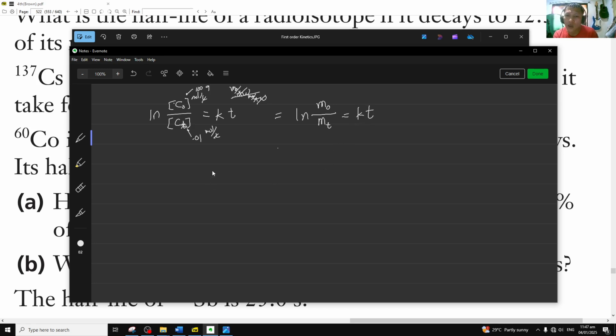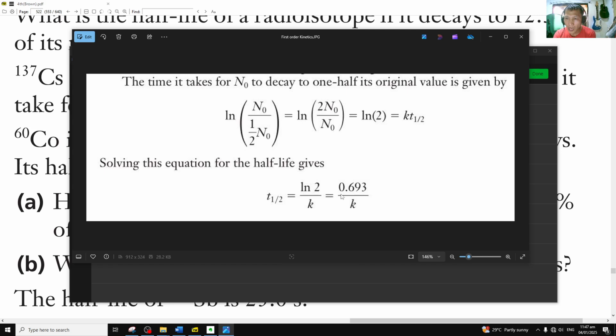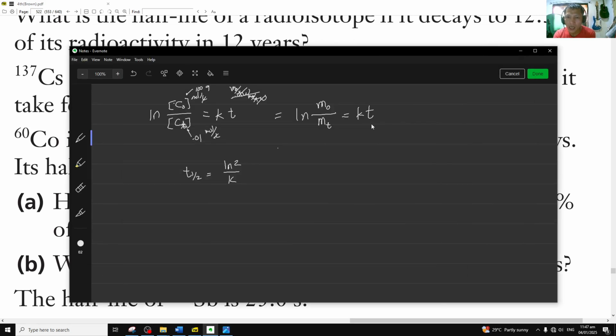How about k? You go back to the definition of your half-life. That k times t1/2 is a constant, equal to ln 2, so k is ln 2 all over t1/2. Because your half-life is constant and your k is constant, you can compute vice versa. So if we are given the half-life, k is ln 2 all over the half-life, and ln 2 is a constant.